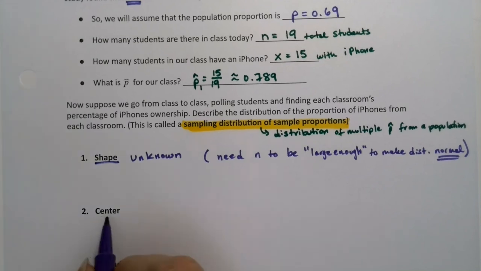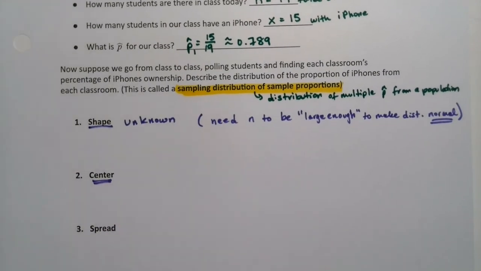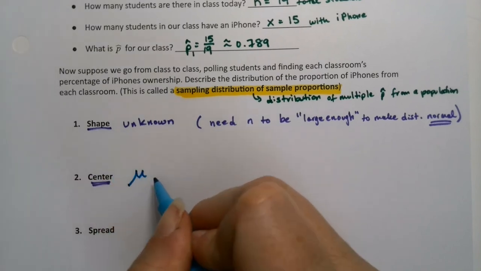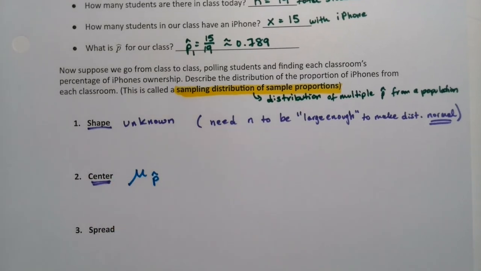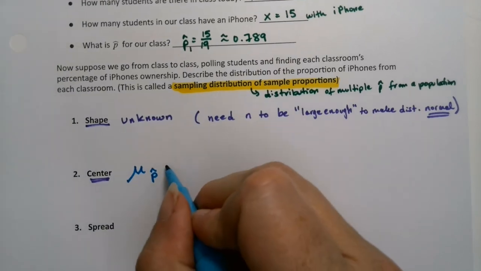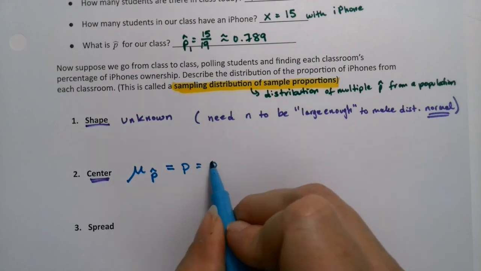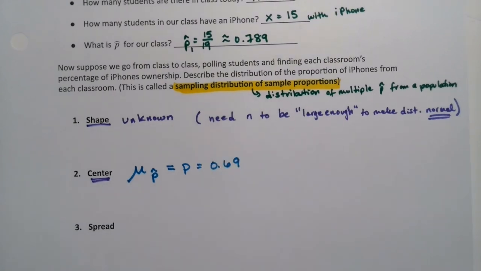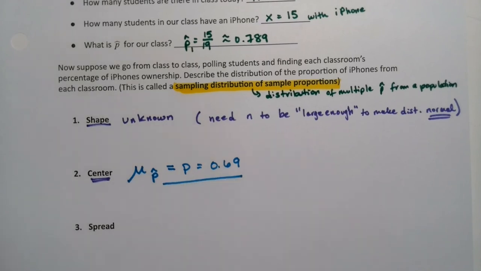The center we do know. The center is the mean of the P hats. What would be the center of all these different P hats from class to class? Well, the center for the P hats should be what the center is for the population, which is 0.69. It should be what it is for the whole population. The center is just the center.